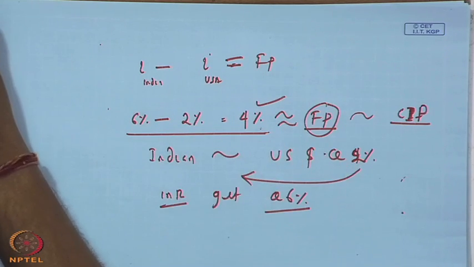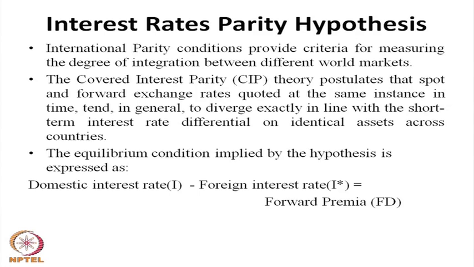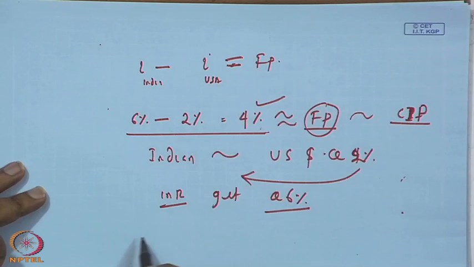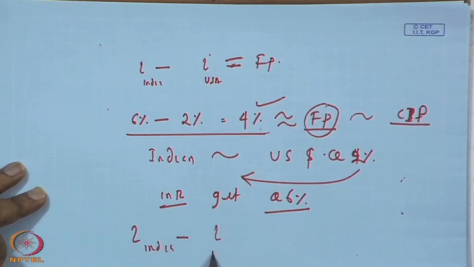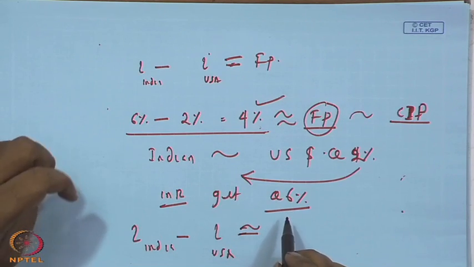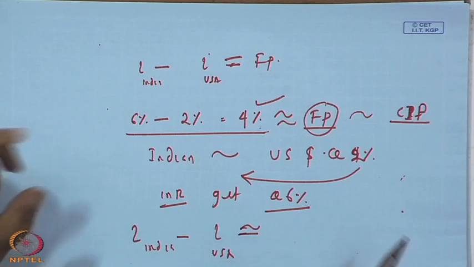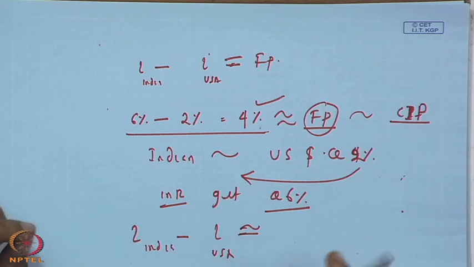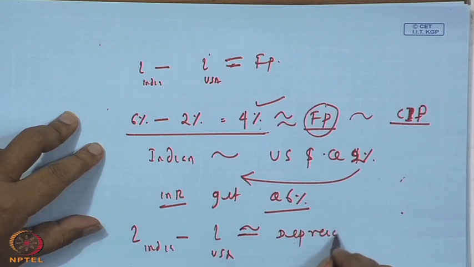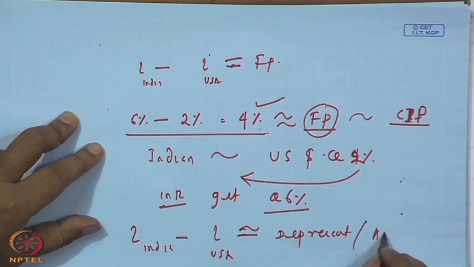Similarly, to understand uncovered interest parity, it tells us that the interest rate differential, that is the Indian interest rate minus the US interest rate, should equal the depreciation or appreciation of the rupee.